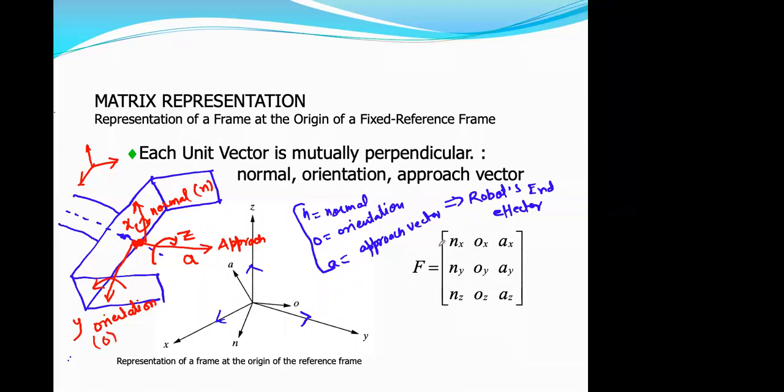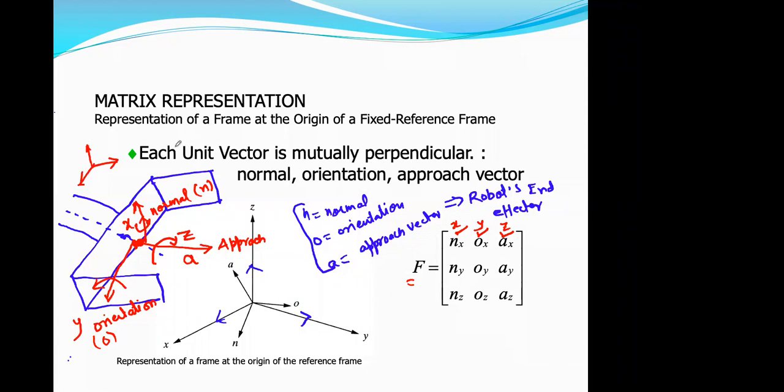You can see here in the matrix the normal, orientation, and approach. Approach is always in the z direction, this in the y direction, and this in the x direction. These are the frames assignment for the robot end effector.